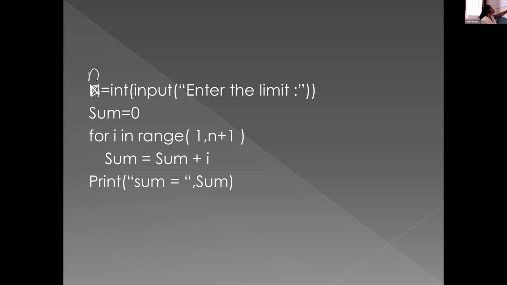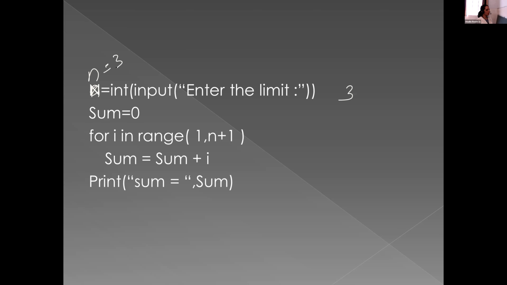So n is equal to input, enter the limit. That is, we want to find the sum of n natural numbers. First we enter one integer value. If we want to find the sum of 3 natural numbers, then I give n value as 3.